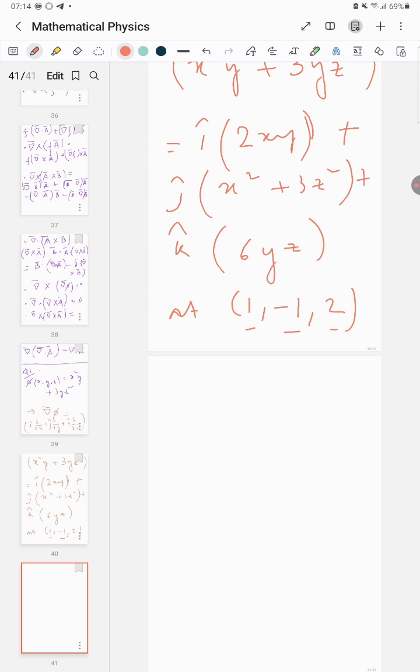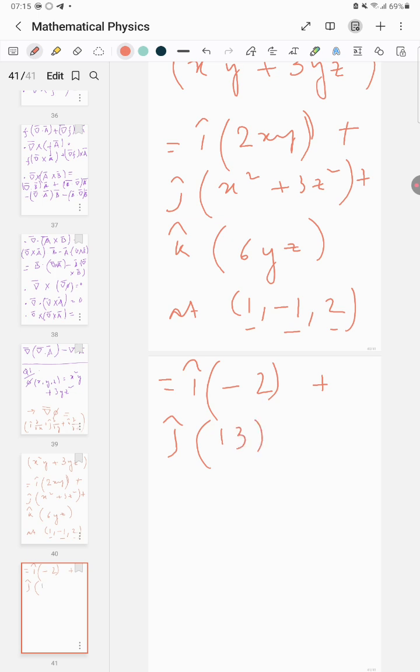So I cap 2 into xy: x is 1, y is -1, so 2 into -1 is -2, plus j cap into x square plus 3z square. x square is 1, and 3 into z square is 3 into 2 square, which is 3 into 4, that is 12, and plus 1 is 13.